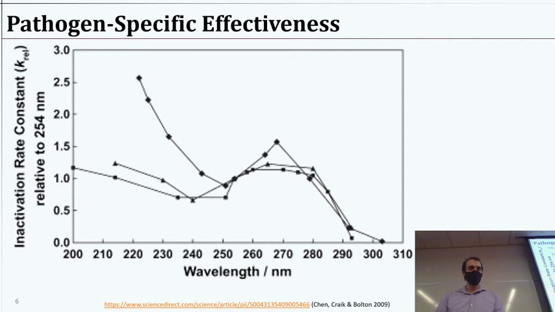If we take a look at how we find these inactivation curves, what you want to do is use irradiation at different wavelengths, and we can use other light sources. We can use xenon lamps or other stuff to get different wavelengths. They're just not necessarily practical for actual application.